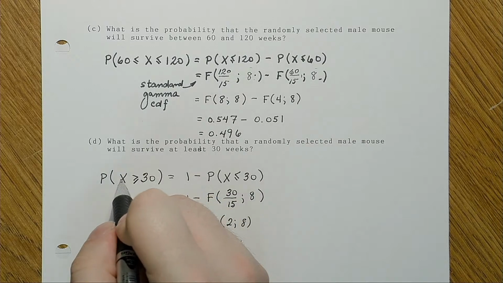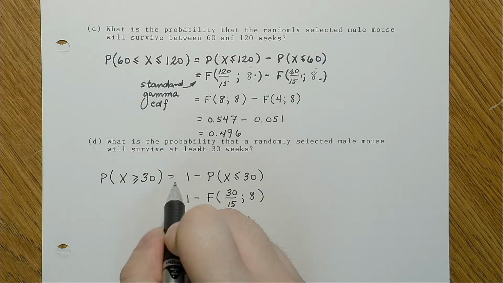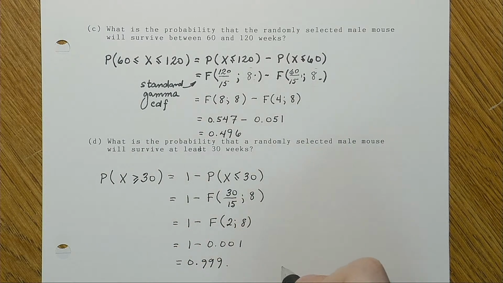I could write x is greater than or equal to 30 is equal to 1 minus. It doesn't matter in this case because it's continuous, but I should be precise, and it's very good that you're pointing that out. So that's the gamma distribution.